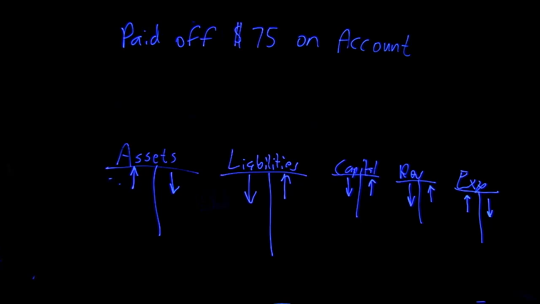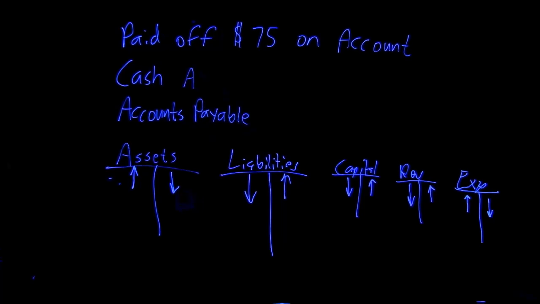So this is just a fancy way of saying we paid off some debt. We paid off $75 of our debts. So what did we use to pay off our debts with? We used cash. And what did we pay off? We paid off accounts payable. We paid off debts.